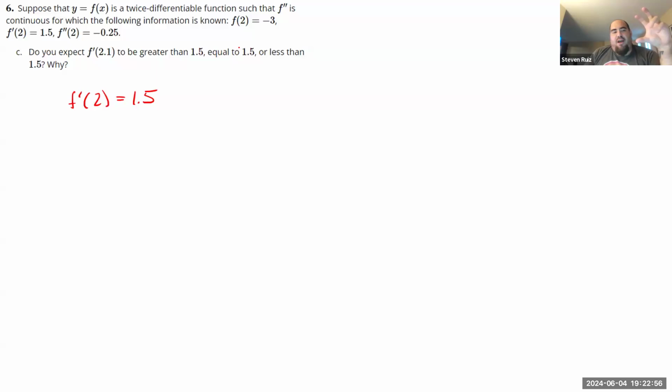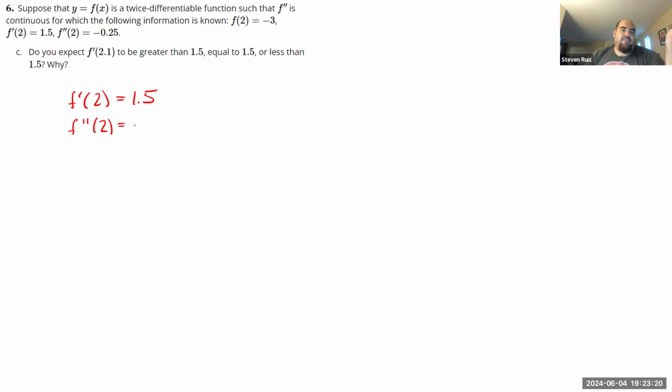Remember that f prime, the derivative of a function, is a function unto itself. So we can talk about f prime without really worrying about f. f prime is a function. How do we know if it's going to increase or decrease? That's going to come from the derivative of f prime, which is f double prime. What is f double prime at 2?